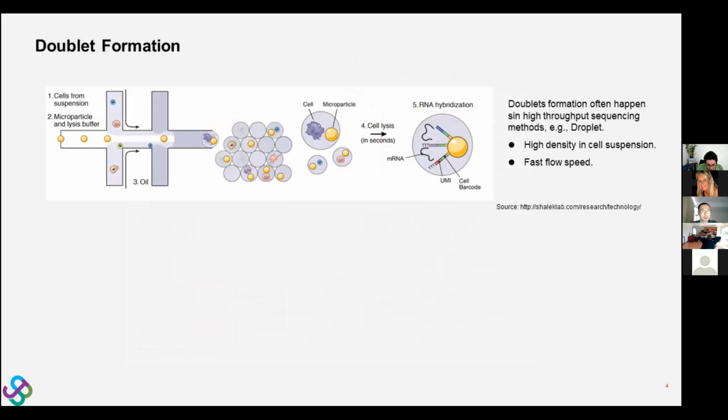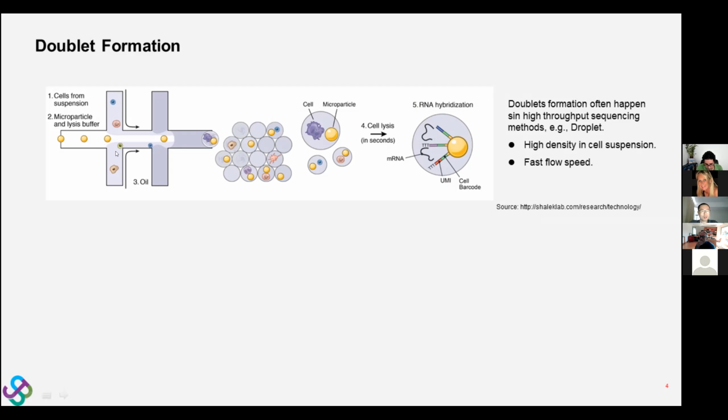Here is a more detailed illustration of how the experiment forms doublets. There are two pipes, and in the vertical pipe we have a cell flow from up to down. We also have a horizontal flow, which is the oil and the beads.